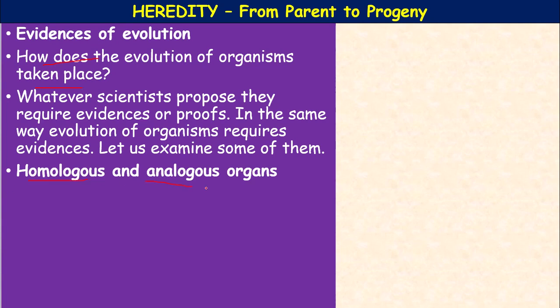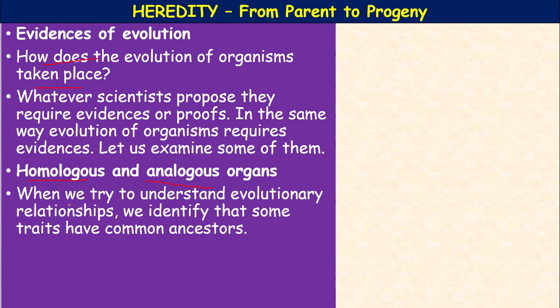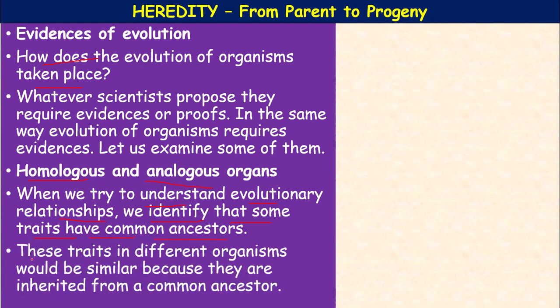Homologous and analogous organs. When we try to understand evolutionary relationships, we identify that some characters have common ancestors. In genetics, we use the term traits, which means the characteristics. These traits in different organisms would be similar because they are inherited from a common ancestor.